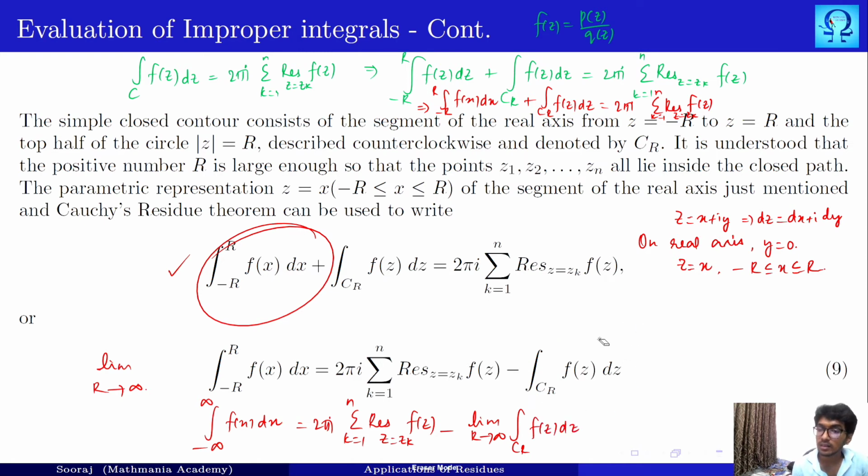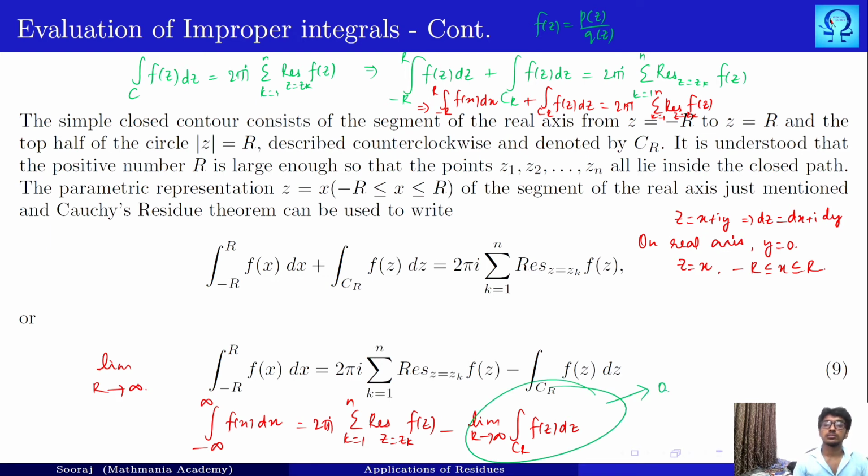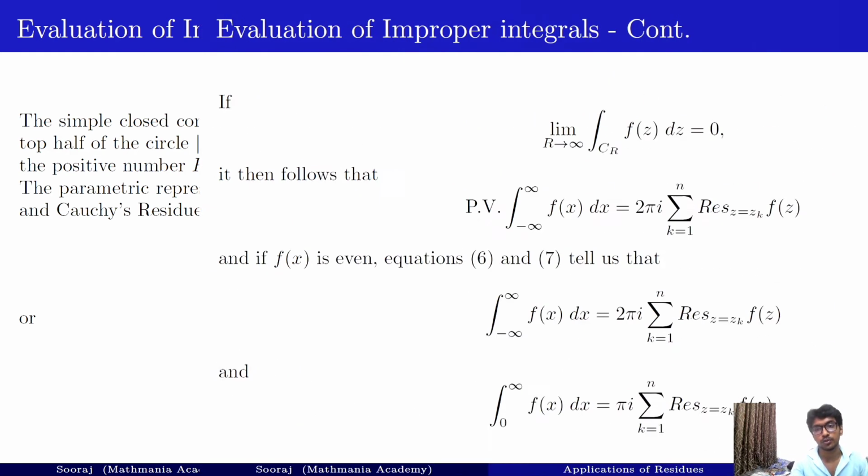In order to say that our improper integral converges, we'll have to prove that this last quantity is 0. As r approaches infinity, this integral tends to 0. This is what we'll have to prove.